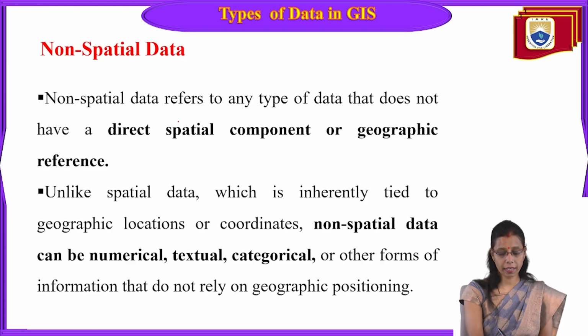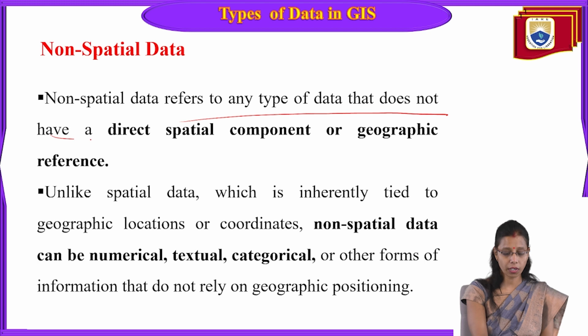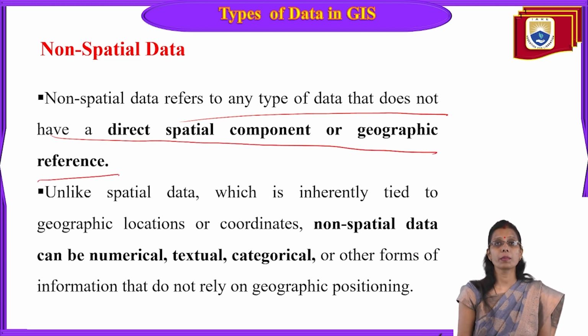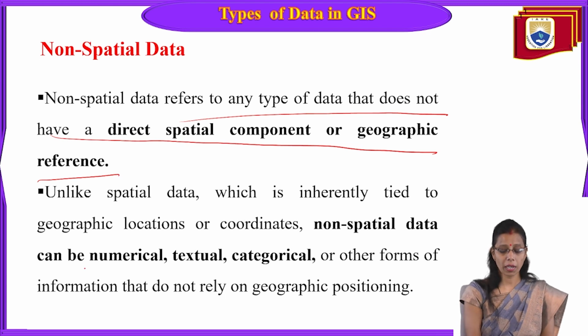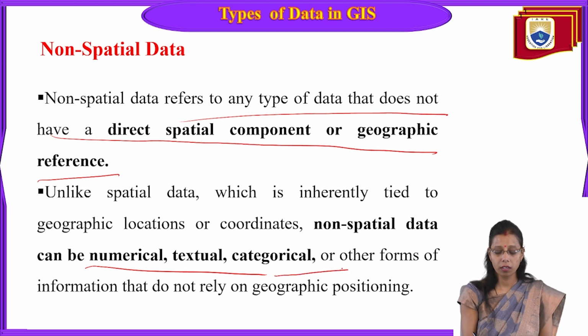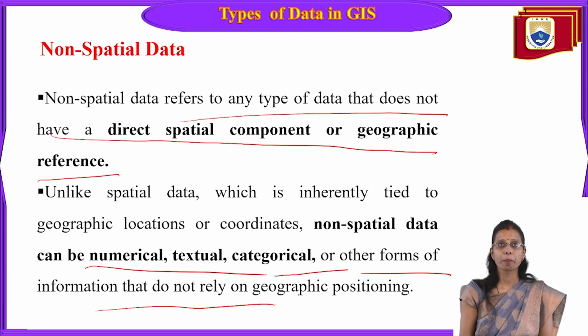So non-spatial data refers to any type of data that does not have direct spatial component or geographic reference, unlike spatial data which is inherently tied to geographic locations or coordinates. So non-spatial data can be numerical, textual, categorical, or other forms of information that do not rely on geographic position.